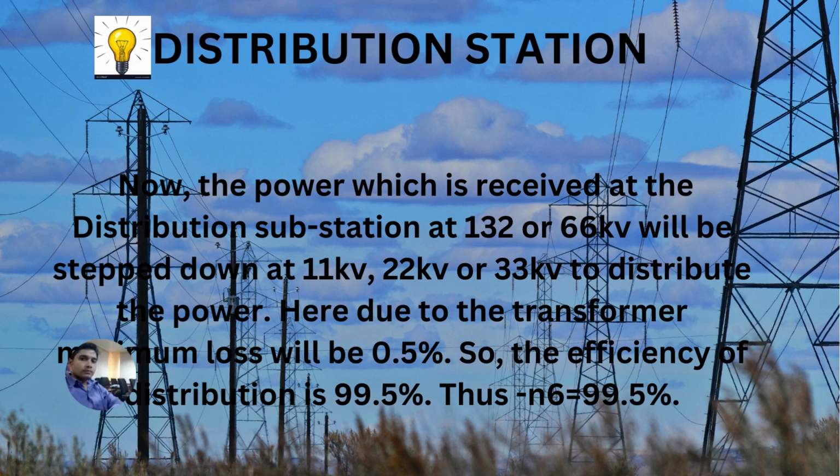In this process, due to the transformer, it will incur a loss of 0.5%. So the loss of the distribution substation is 0.5%. Thus, the efficiency is 99.5%.